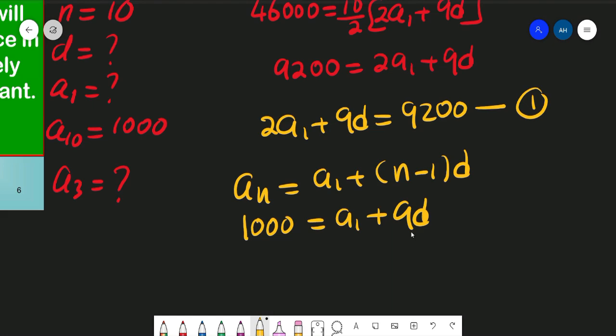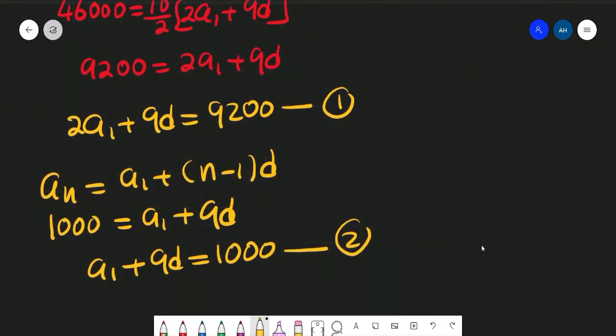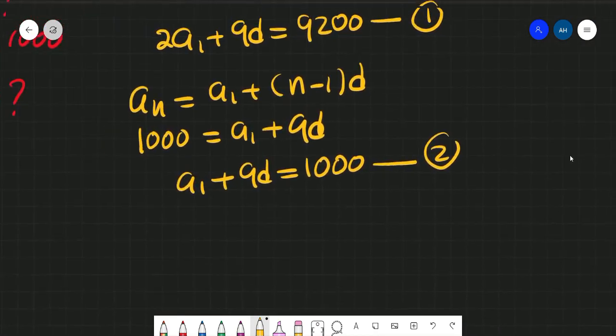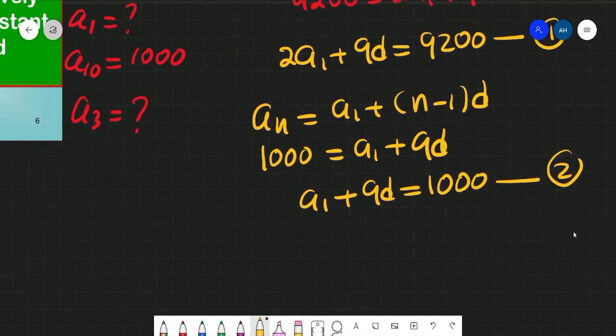Let's write this equation in a proper manner. So a1 plus 9d equal to 1000. Therefore now we have equation number 2. Let's write it down together, equation number 1 and equation number 2, as we want to solve the simultaneous equation.